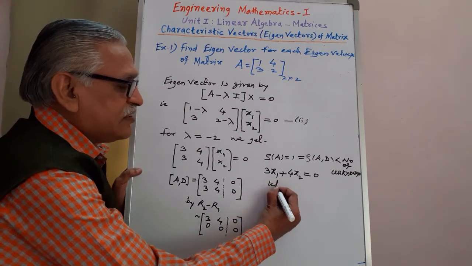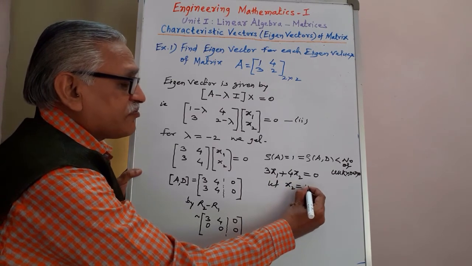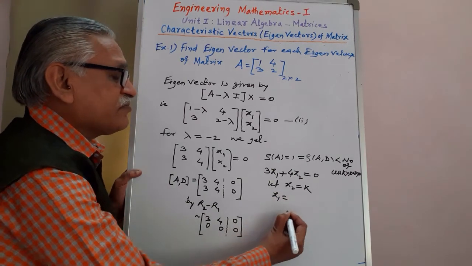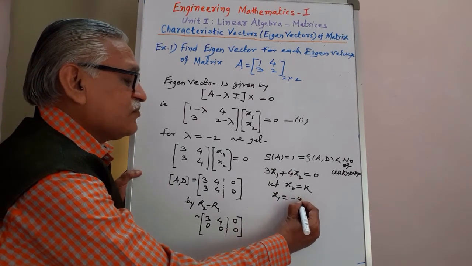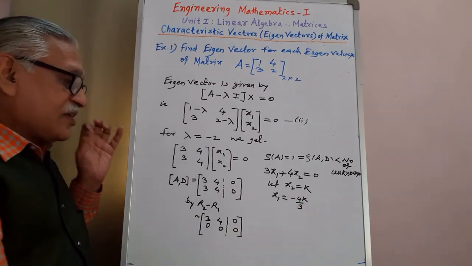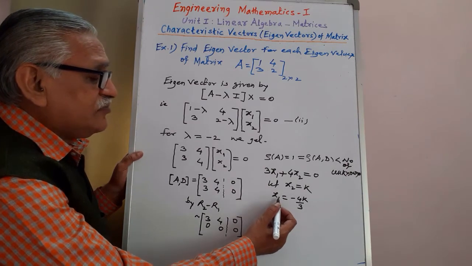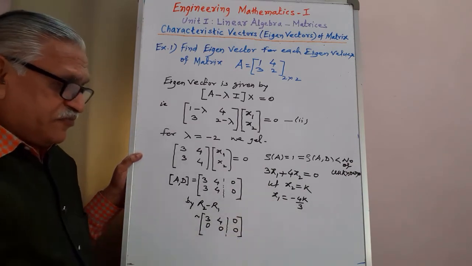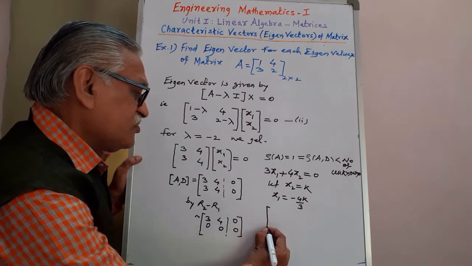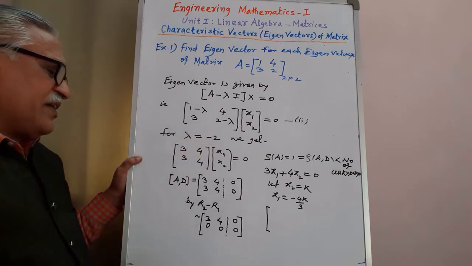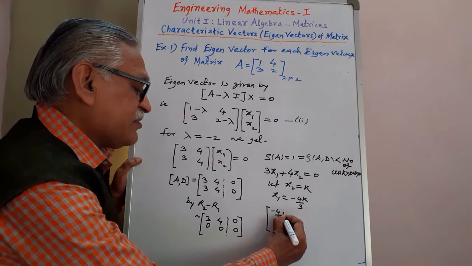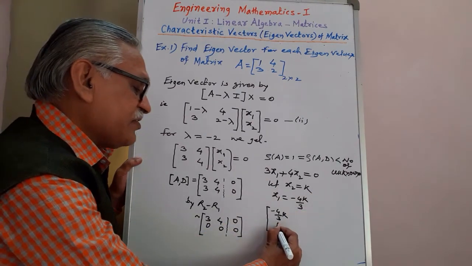Suppose let x2 as k, and if we put that value here, we get the value of x1 as minus 4k divided by 3, and therefore the eigenvector corresponding to the first eigenvalue minus 2 has x1 as minus 4 by 3 times k, and the second value is k.